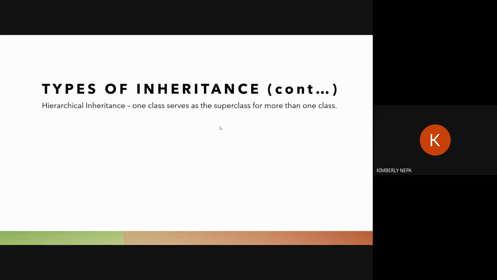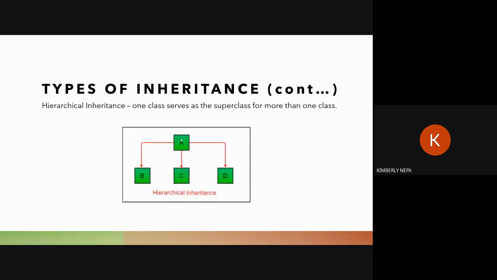We also have the third type of inheritance, hierarchical, whatever the pronunciation of that, I'm not sure. Basically hierarchy something inheritance. One class serves as the superclass for more than one class. So from here, this will be the animal class, this is the mammal, and this is the reptile.